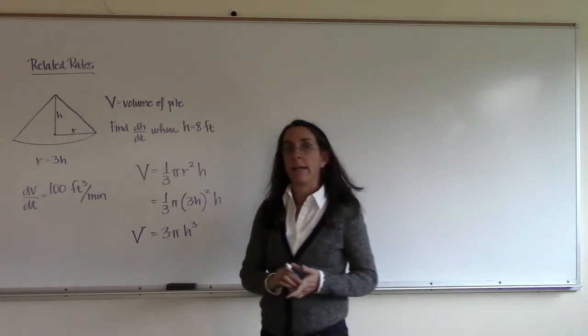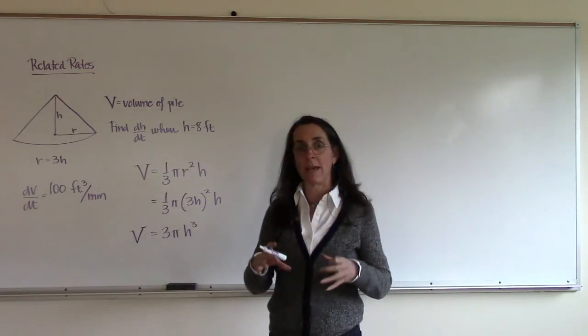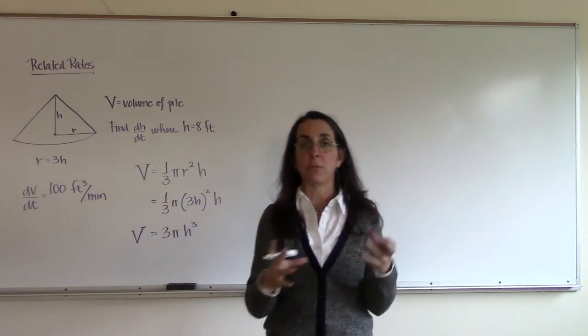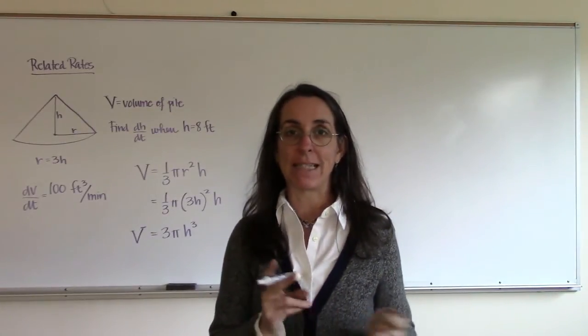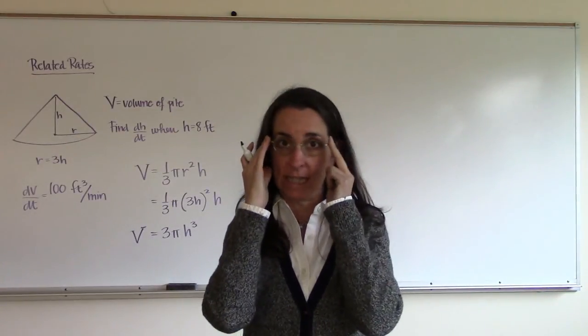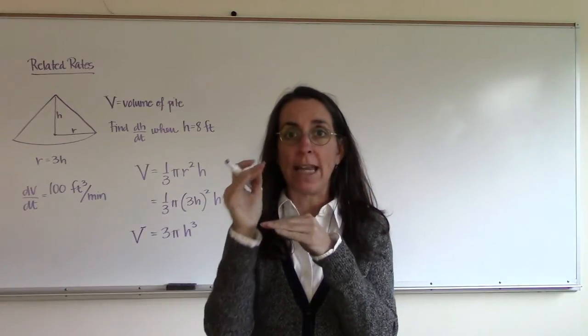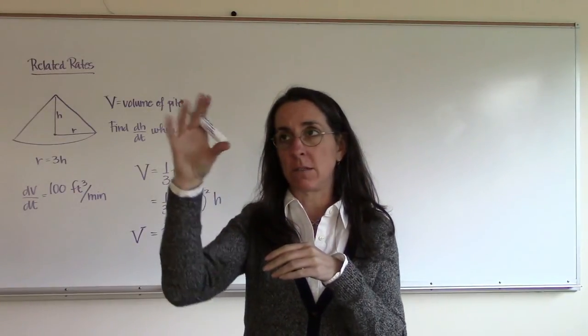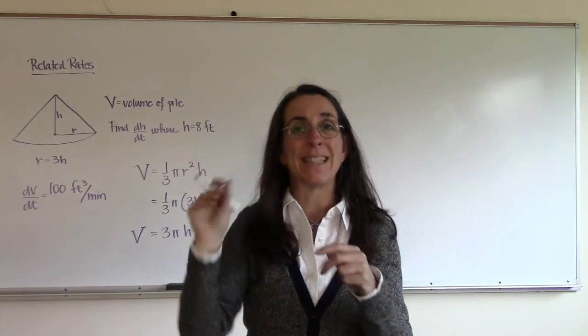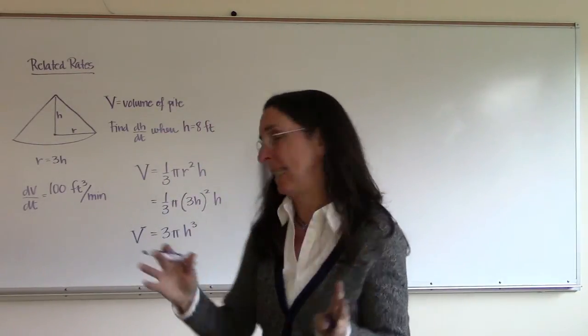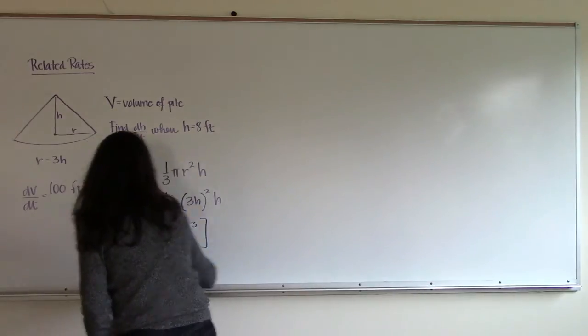And so what do we do once we have the equation that relates the variables in the problem? We differentiate the whole thing with respect to t, and it's always t, because these are rates, and that's the change in whatever per unit time. So it's always d/dt.